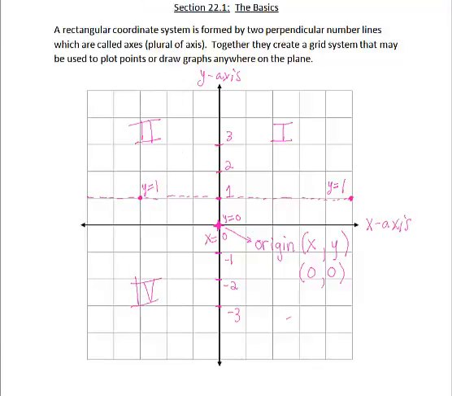Hold on, that's not 3. 1, 2, 3, and then 4. We've divided it up into 4 different quadrants. That's what these are called.